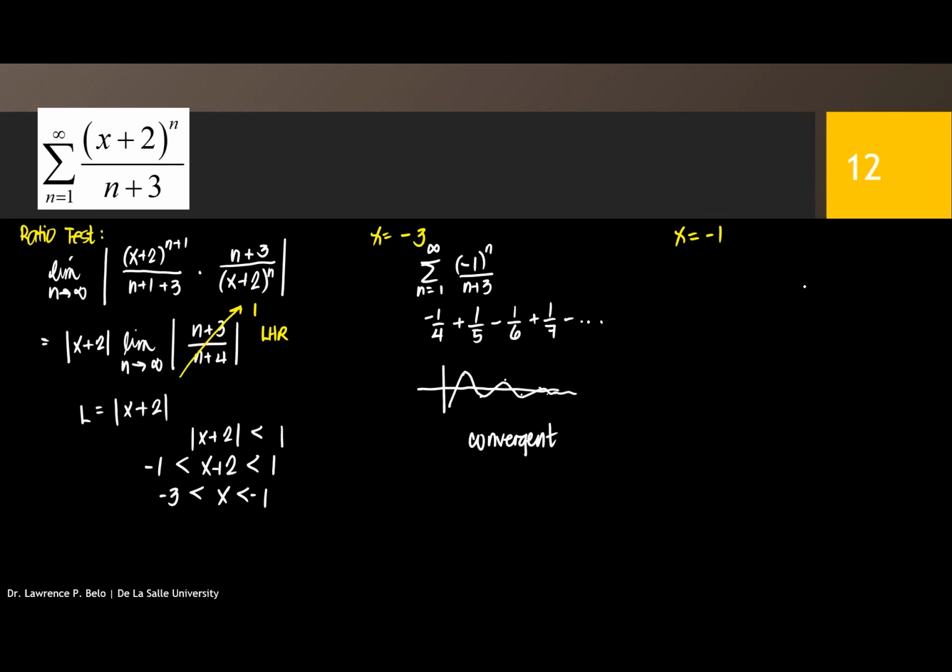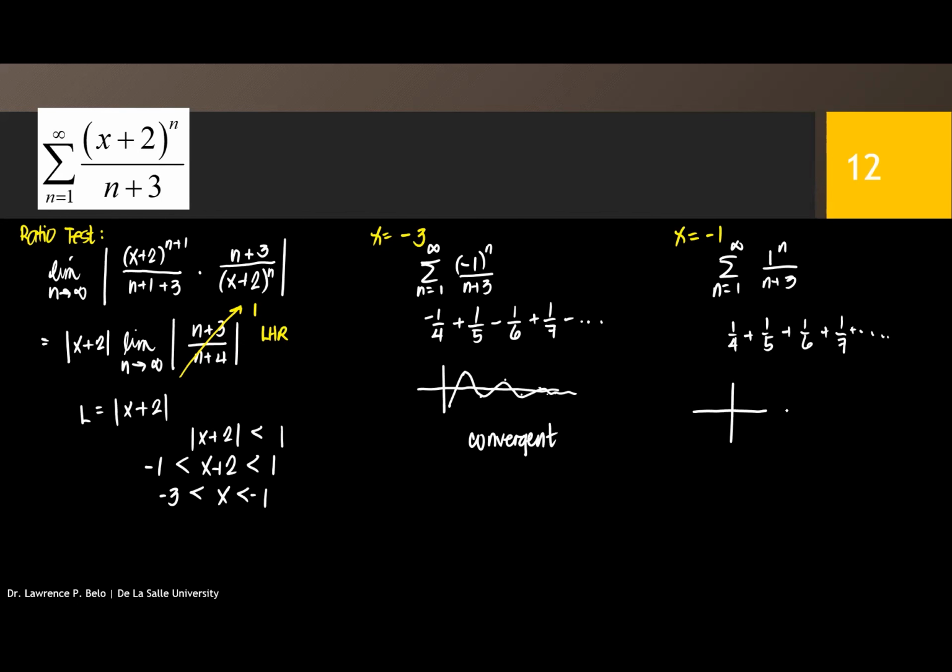Now let's evaluate the right side. Summation when n is equal to 1 to infinity. Negative 1 plus 2 is positive 1 raised to n, all over n plus 3. So this one becomes 1/4, 1/5, 1/6, 1/7, and so on.